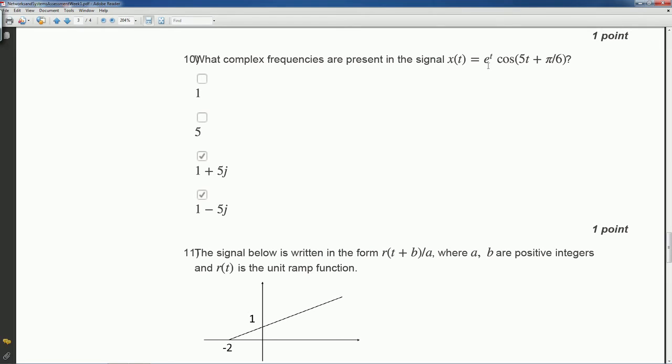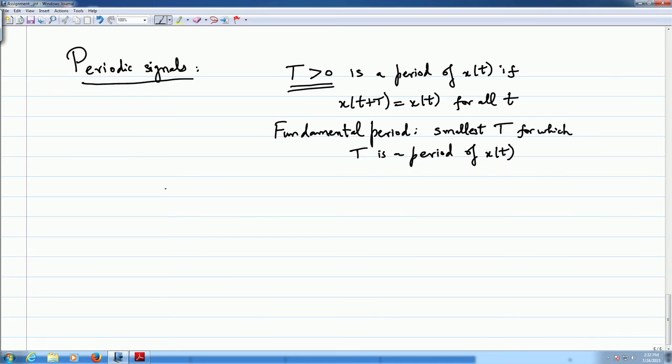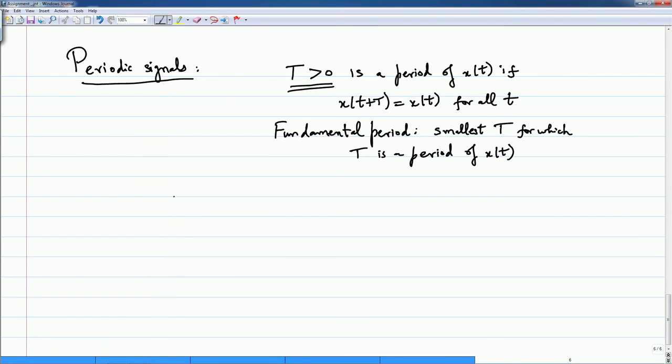So, in this equation you have e power t times cos of 5t plus pi by 6. Now we need to replace cos with the exponential form. Let me do this real quick. So, this is question number 10. x of t is e power t times cos of 5t plus pi over 6, right.